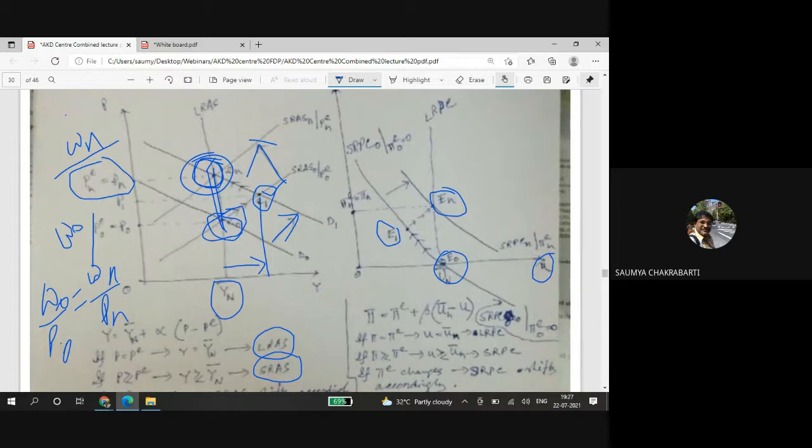Actually, what is happening, let me tell you, it's something like that. At 6 o'clock in the morning, I get information that money supply is going to increase. Immediately, another piece of information comes that this is the amount of increase in money supply. And then I go for bargaining. At 8 o'clock, my union sets the wage at WN instead of W naught.